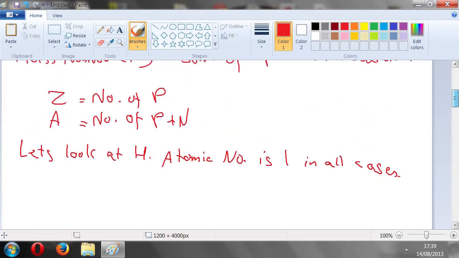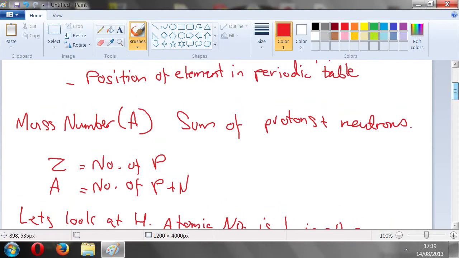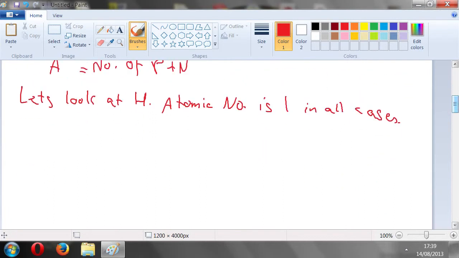So for hydrogen, Z equals 1 in all cases. There's no case where that doesn't occur.